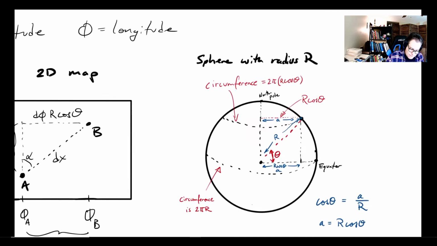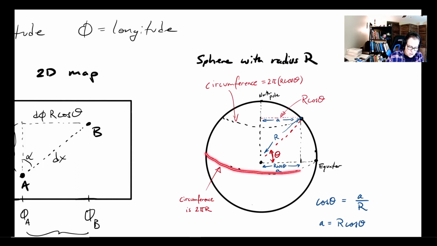So here I have the angle theta that actually represents the latitude, right? So the latitude, here's the center of the sphere, drawing straight out to a point midway between north and south. I have the equator. So here's the equator going around the sphere. And here, with a radius of r, I have a circumference of 2 pi r.